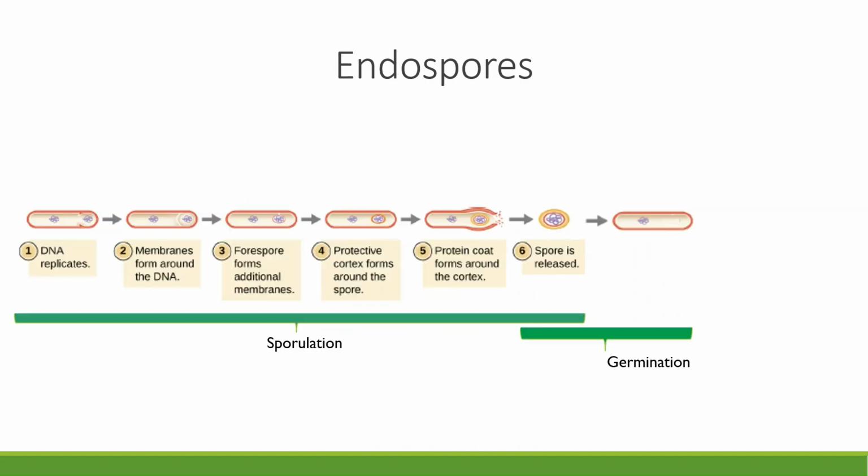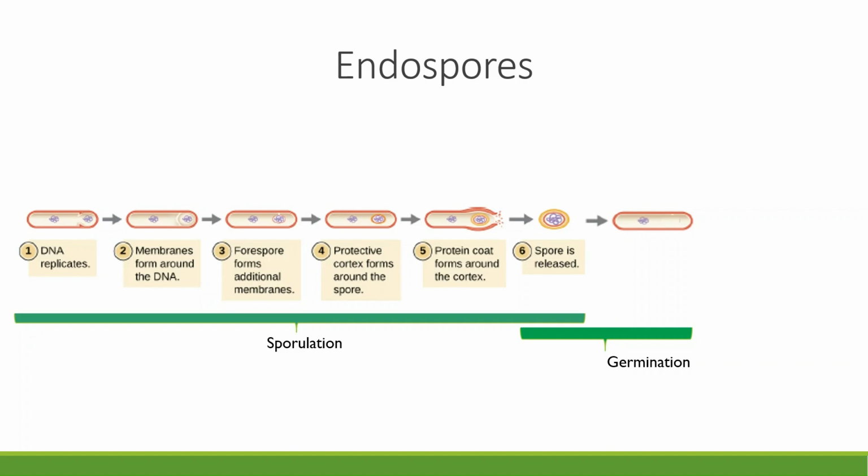The process of becoming an endospore is called sporulation, and the process of returning to a vegetative cell is called germination. There are 6 basic steps involved in the transition to become an endospore. First, the DNA is protected by being surrounded with membranes. The precursor to the spore is called a forespore. The forespore builds additional membranes around itself.